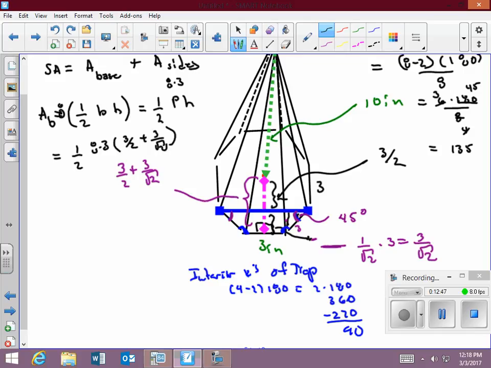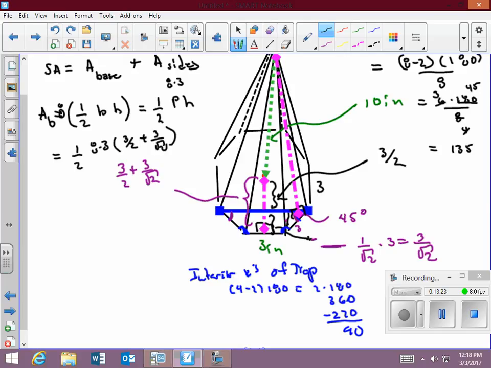Now for the area of those sides, what we have to do to get that is find the length down this side like this, where this is perpendicular. Well, there's a right triangle.